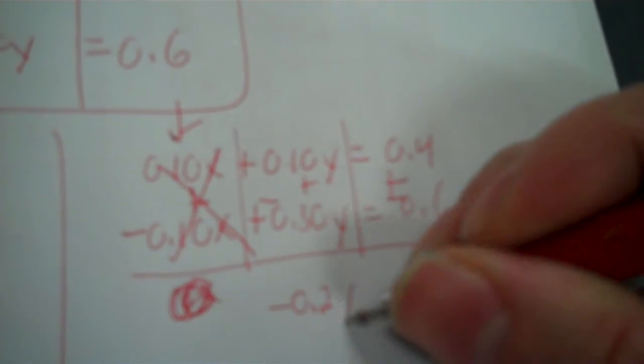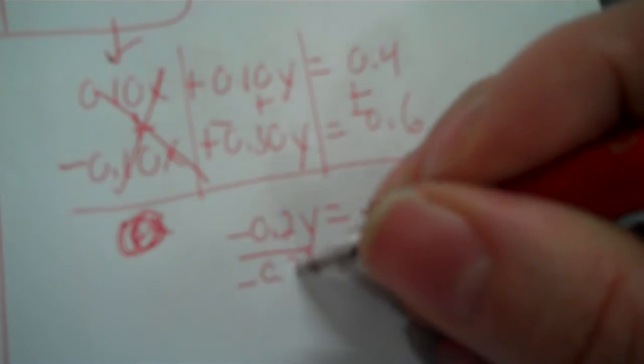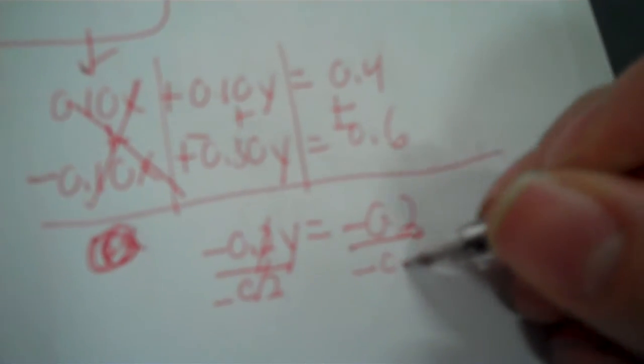So I add, that's 0x. Okay. So I take the 0.10 plus negative 0.30, negative 0.2y. Then I take 0.4 plus negative 0.6, I get negative 0.2.